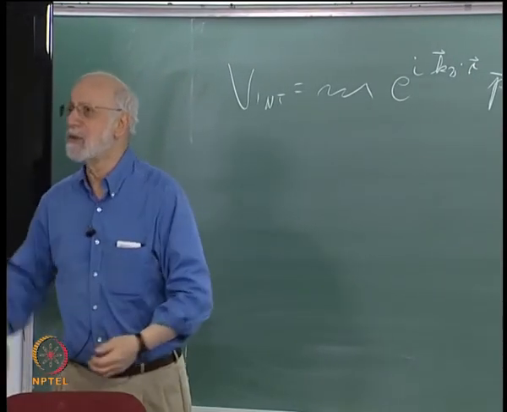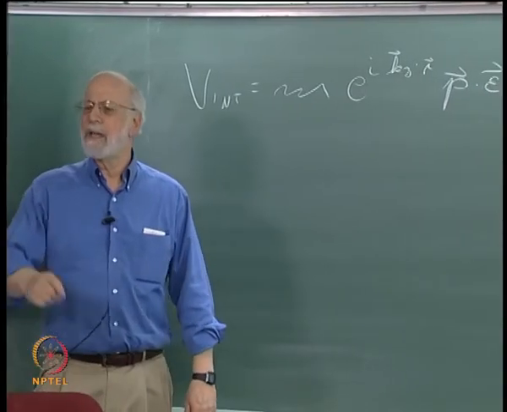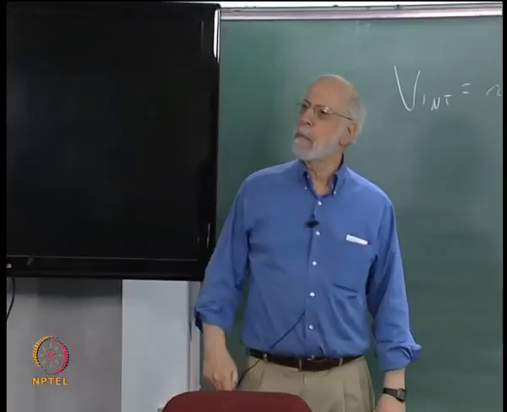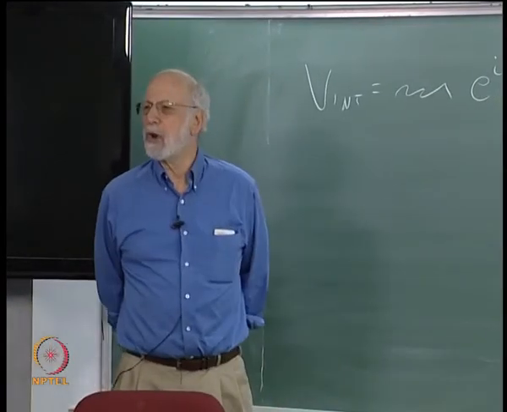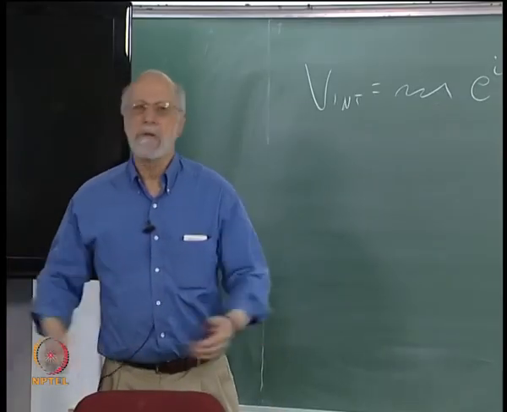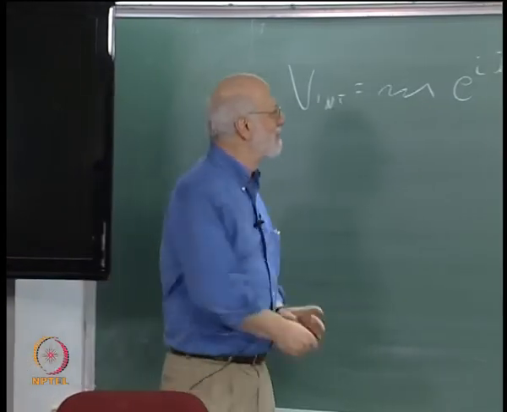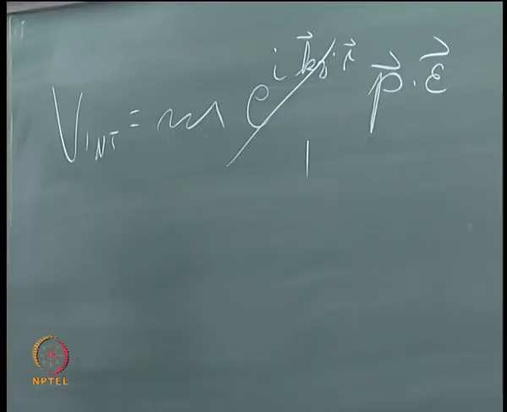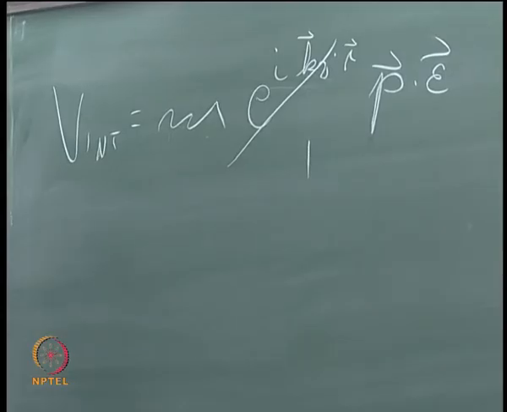You can make a Taylor series expansion, like e to the x is 1 plus x plus x squared over 2, etc. And, okay, how far shall we go to truncate it? You don't want to go to infinity. How about 1? That makes it a lot easier. This, for historical reasons, is known as the dipole approximation.